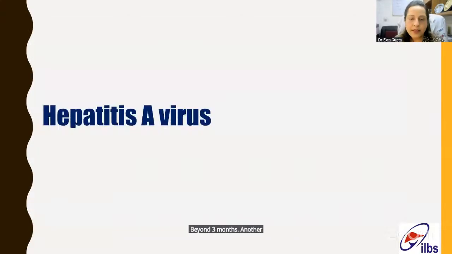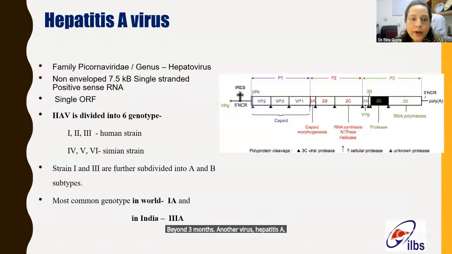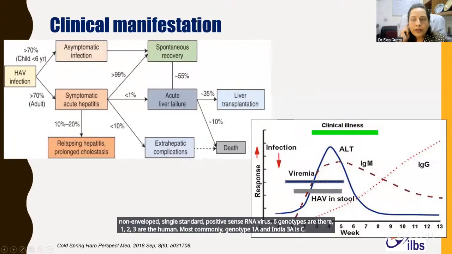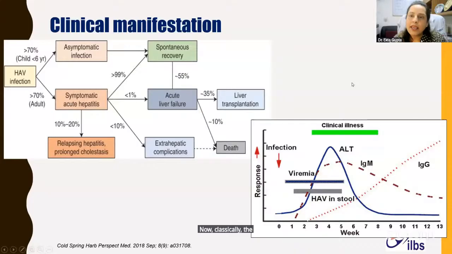Another virus, hepatitis A. This virus belongs to the Picornaviridae family, genus Hepatovirus. Again, non-enveloped, single-stranded, positive-sense RNA virus. 6 genotypes are there. 1, 2, 3 are the human ones. Most commonly, genotype 1A, and in India 3A is seen. Now, classically, hepatitis A is causing acute, sporadic, or water and foodborne hepatitis in children.